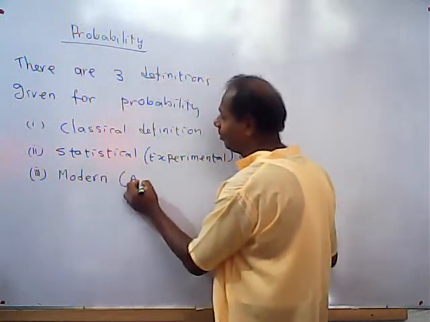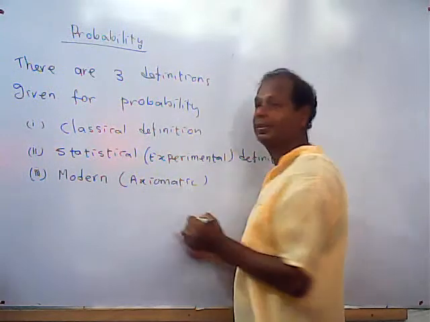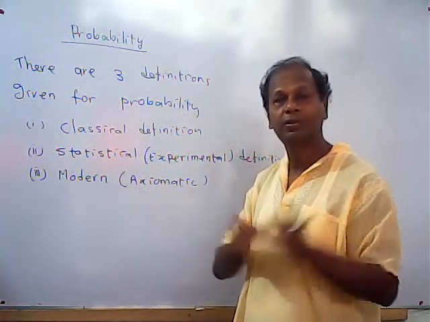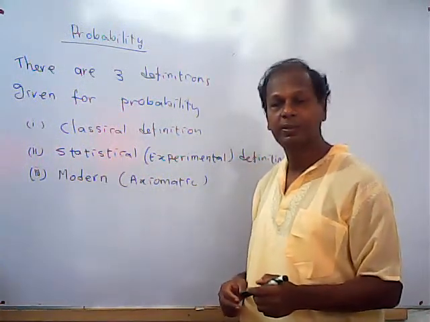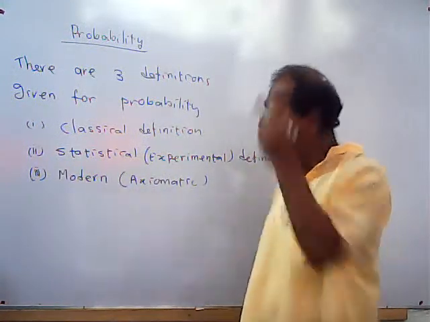So these are the things I told you, axiomatic definition, modern definitions. You see, modern definitions are almost everywhere in mathematics now, pure mathematics especially. You are going to see a modern definition for the first time.